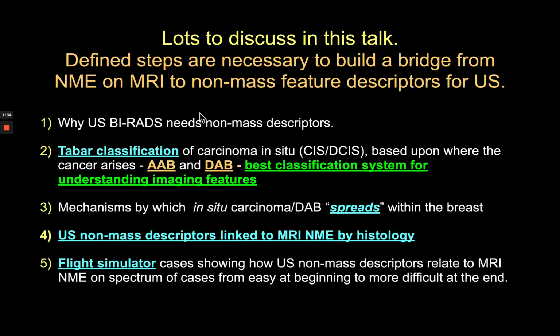And we really have to link these non-mass ultrasound features with the non-mass enhancement features on MR by histology. We can't just do it by simple pattern recognition. And so we can use kind of a flight simulator approach. We can start on the really obvious cases where you say, well, gee, I can understand that without even looking at ultrasound, and apply ultrasound to the obvious features and then gradually go to more subtle cases.